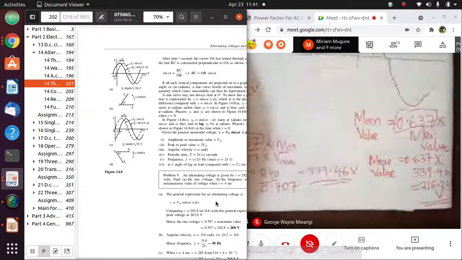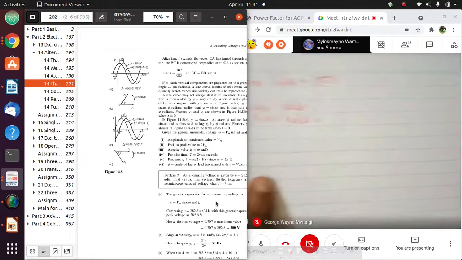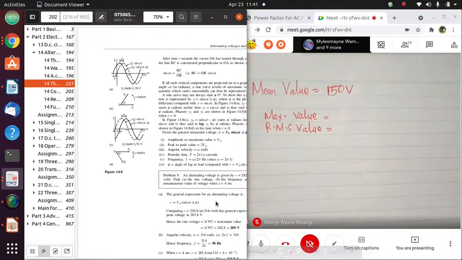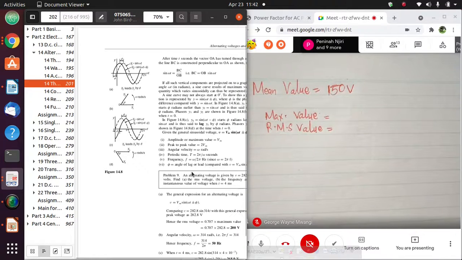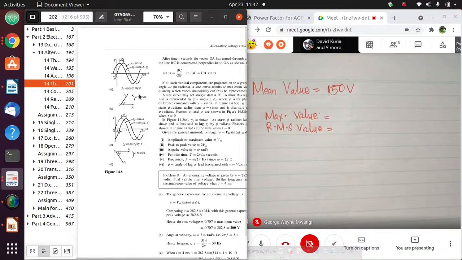Maximum value itakuwa ngapi? What will be a maximum value?